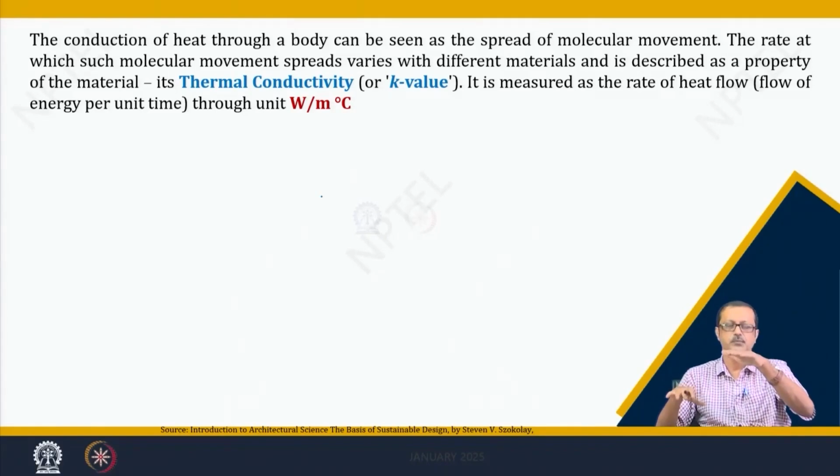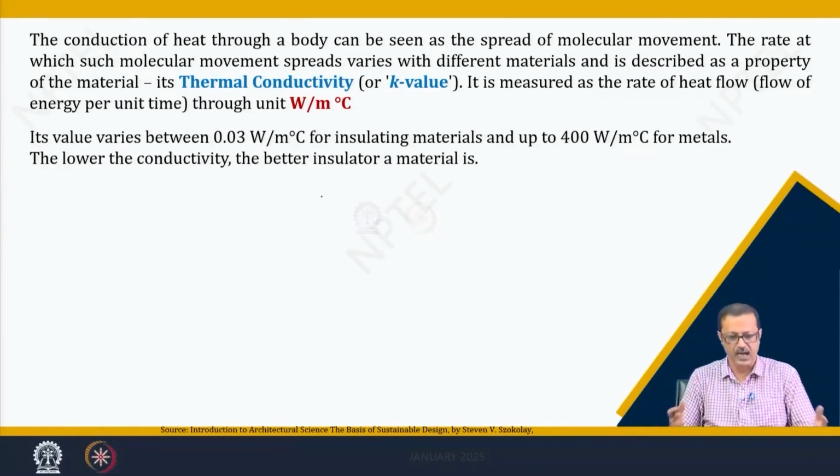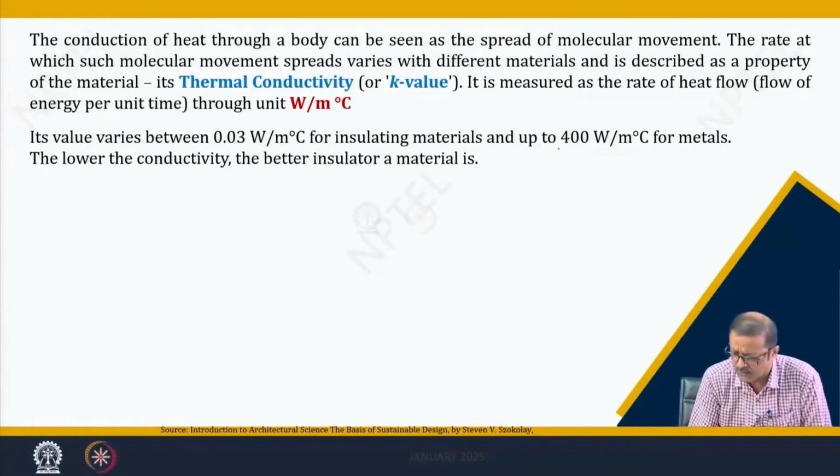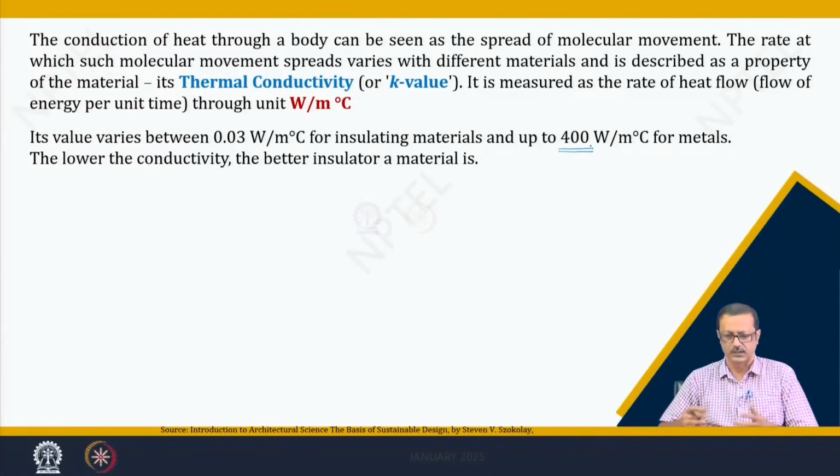Suppose you keep both T1 and T2 at the same temperature difference, maybe 10 degree or 20 degree, whatever it may be, and you keep maybe 1 centimeter or some unit thickness of the material. All materials will exhibit different heat conduction, Qx will be different. Some materials will have a very high value, almost like 400 watt per meter degree centigrade.